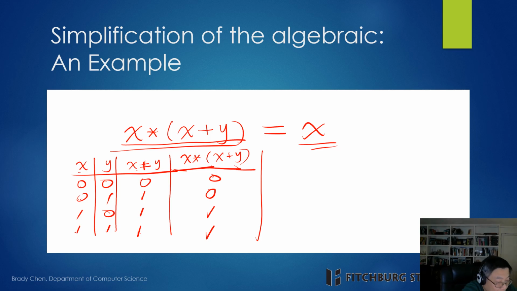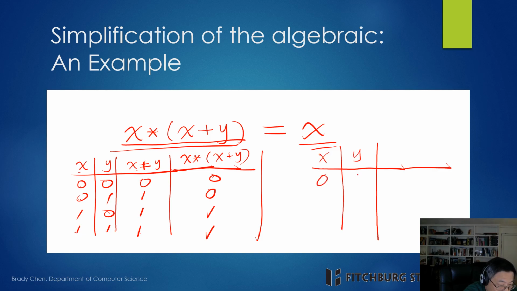Now the right side, you'll be confused a little bit because on the right side there's no y. But we can still put values for x and y. Because there's no y, whatever value y has doesn't matter.